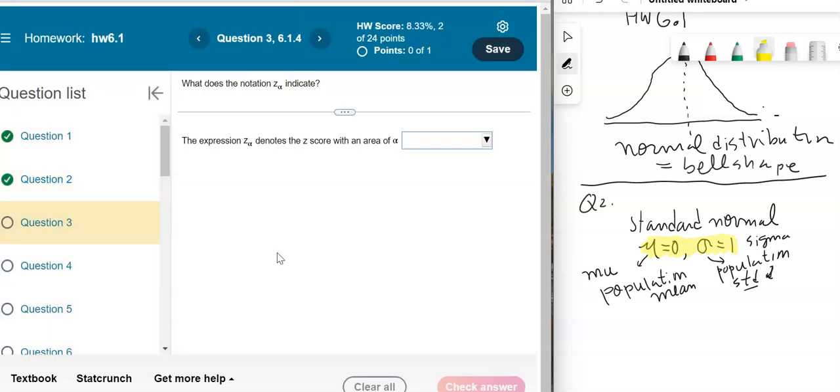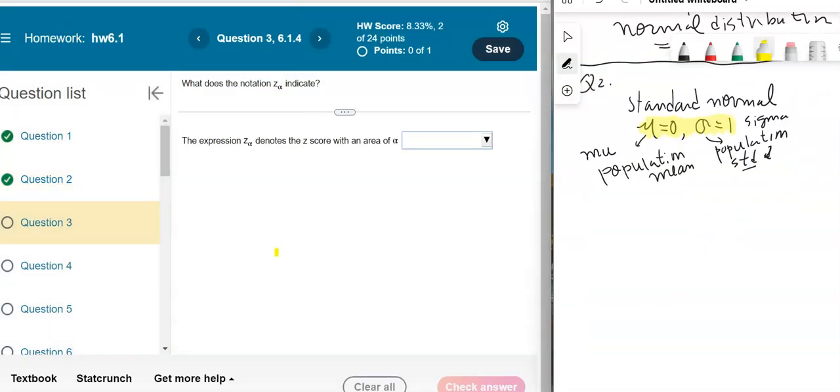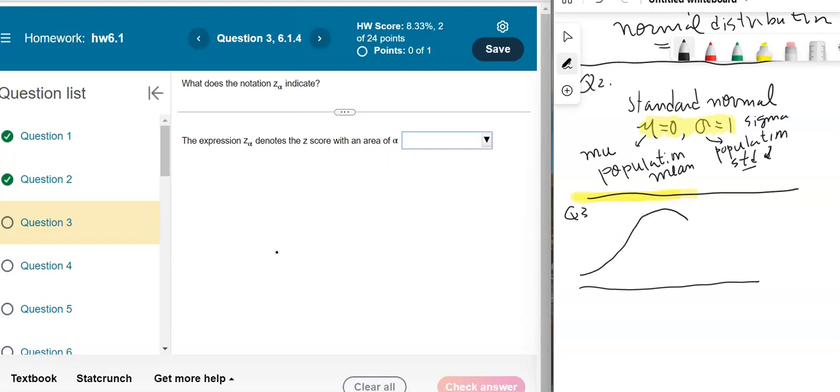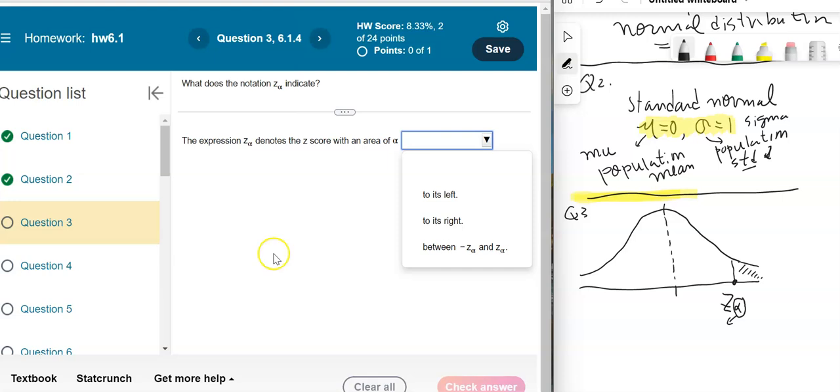Okay, question number 3. What does Z alpha mean? If this is Z alpha, alpha is the area on the right tail. So alpha is the area to its right.